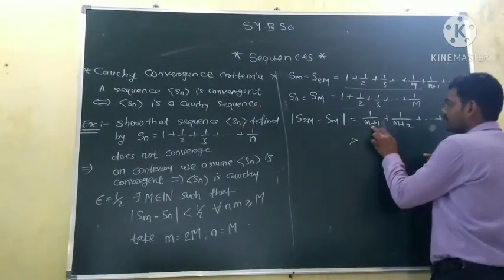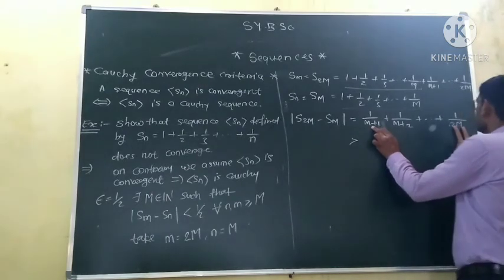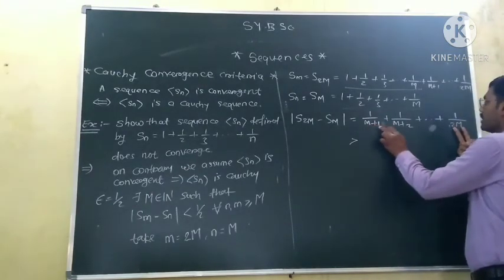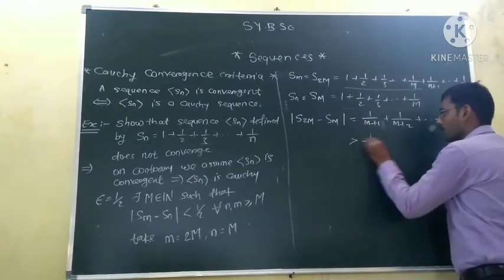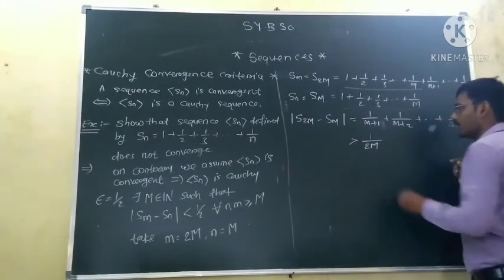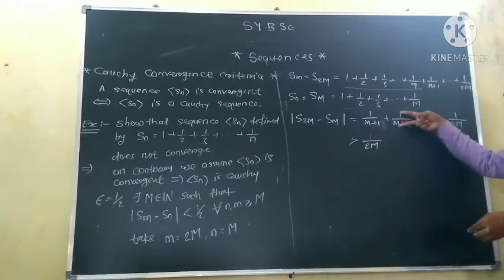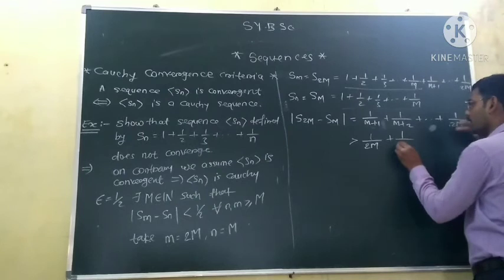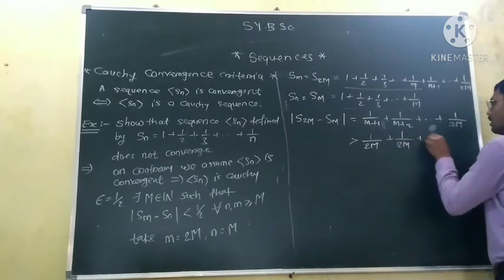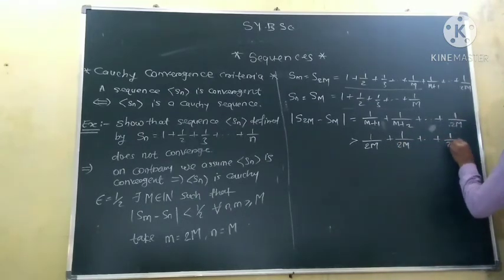We know this is the highest term, this is the lowest term. So 1 upon m plus 1 is strictly greater than 1 upon twice m. So we can replace 1 upon m plus 1 by 1 upon twice m. Okay. Again 1 upon m plus 2 is also greater than 1 upon twice m. We can replace this again by 1 upon twice m, up to 1 upon twice m.